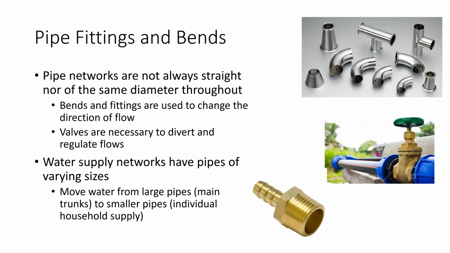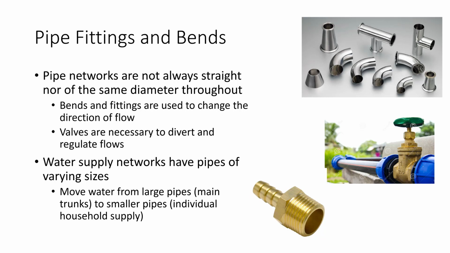Water supply networks typically have pipes of varying dimensions. If you take a typical water supply pipe network, the larger pipes move water from the treatment plant to the neighborhood, and then smaller pipes are used to move that water into individual households.